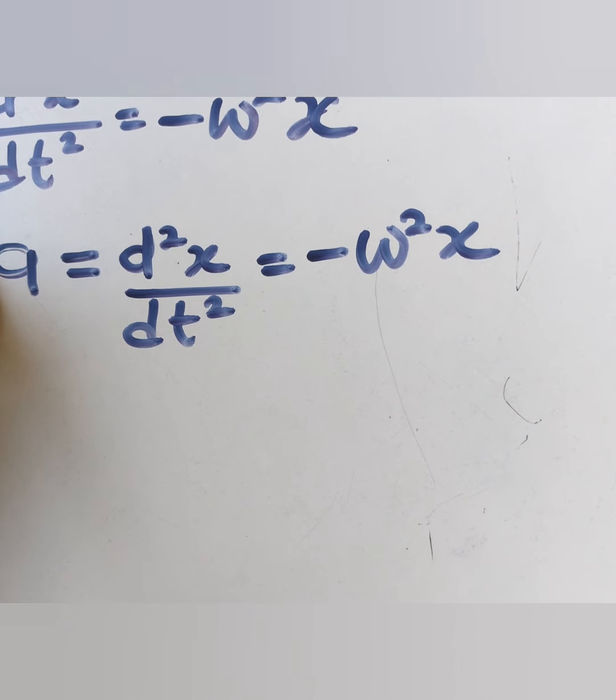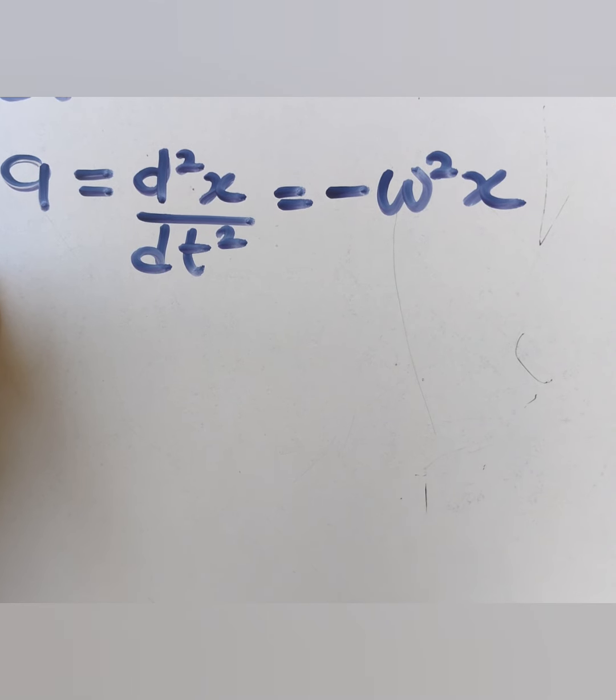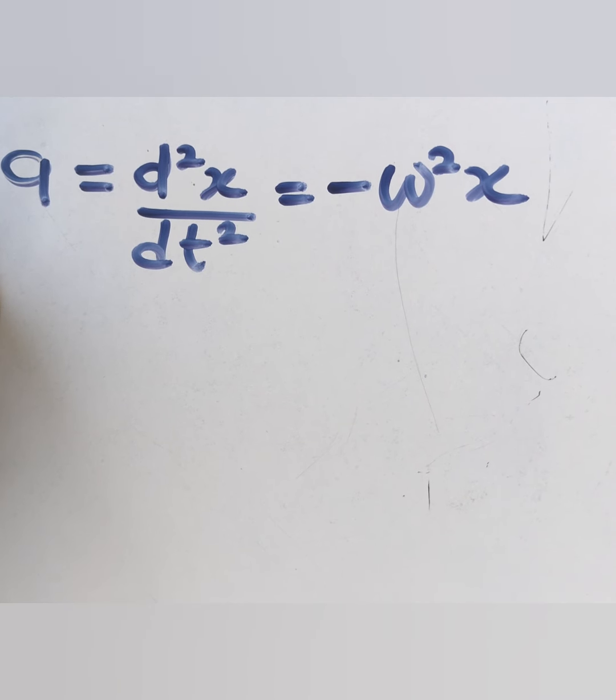So this is what we have when we differentiate our displacement twice, and that gives us the acceleration. That is how to get the acceleration for an object that is performing simple harmonic motion. Don't forget that it is from the circular motion that we have been able to enter into simple harmonic motion.